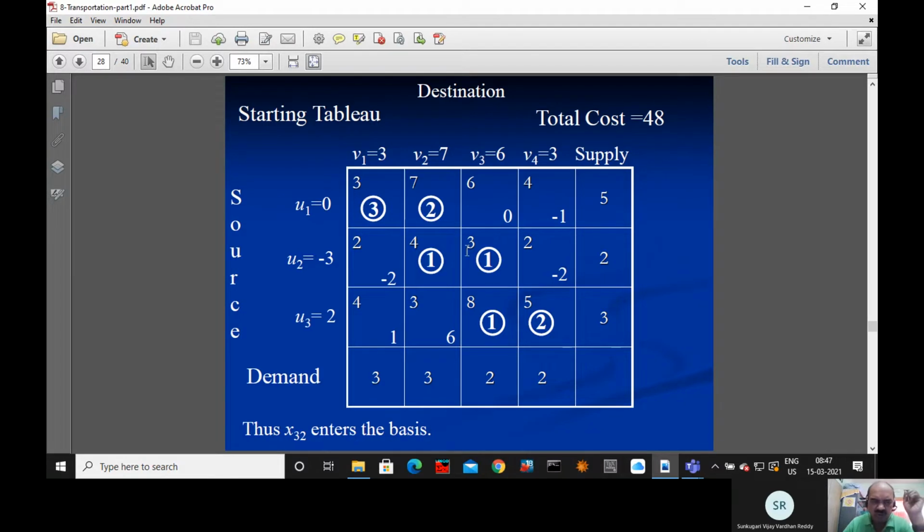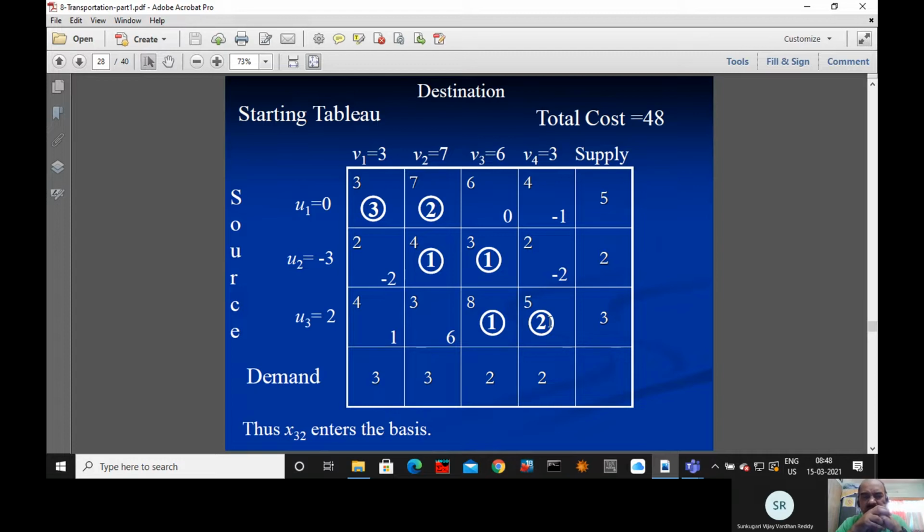Okay. So in the first row, we have 3 and 2. These are two allocated cells, the first cell and second cell. In the second row, the second cell and third cell are the allocated cells. In the third row, the third cell and the fourth cell are the allocated cells.